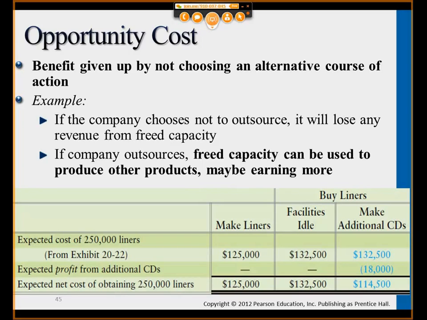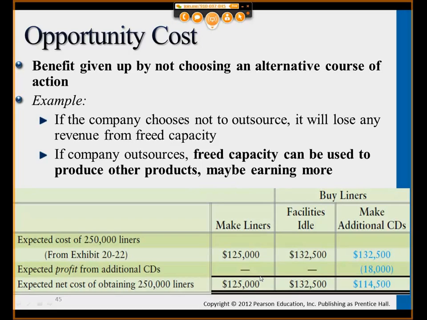If we do, we expect some profit, but we're still going to have the same cost of 132,500. Our net cost is going to be different between making and buying liners. Making liners, we stay at 125,000.